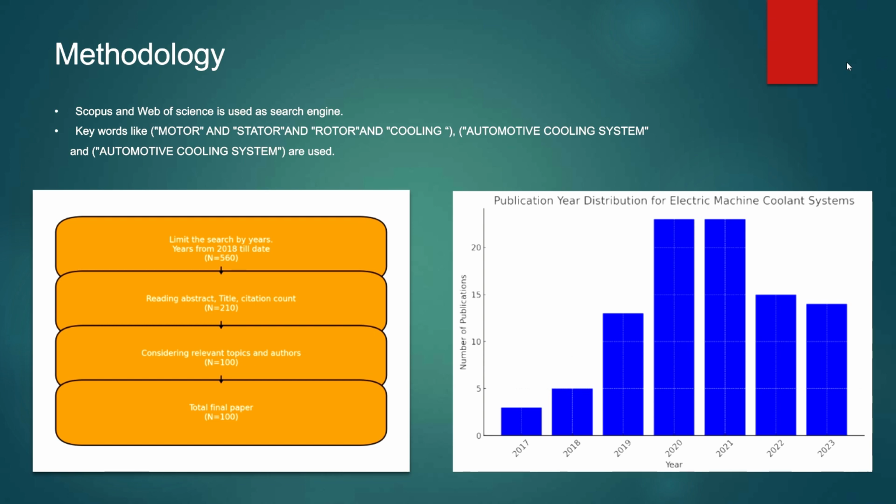So from 2017 till 2023, as you can see, there is an increase in numbers from 2017 till 2020-21. 2020 and 2021 are the peak years where much research was published on this topic, coolant for electric machines, and it drastically decreased from 2021 to 2023.